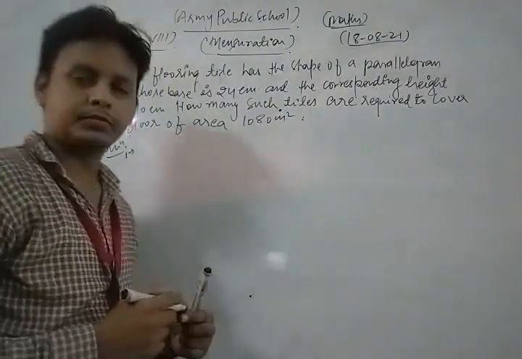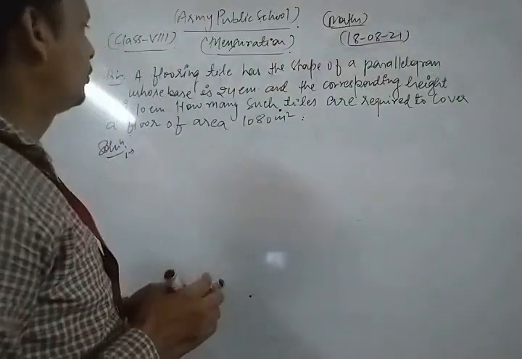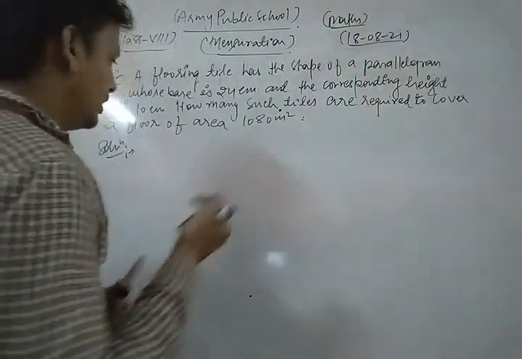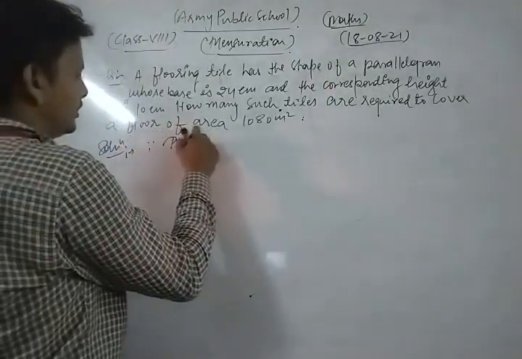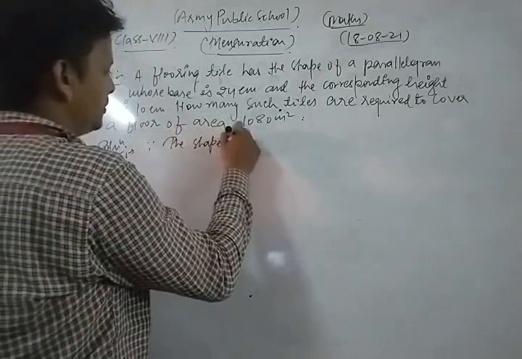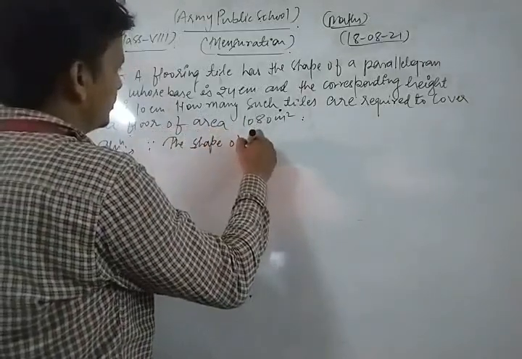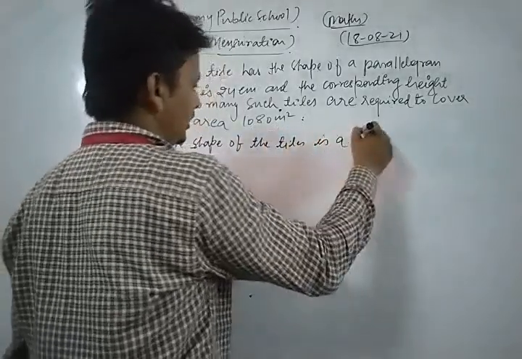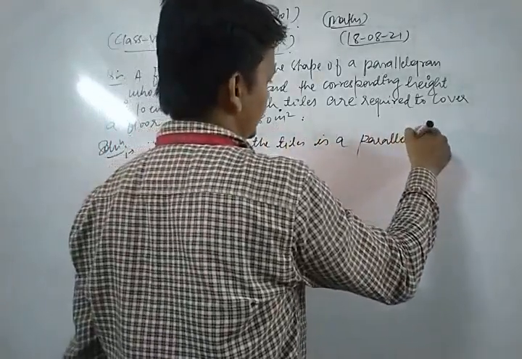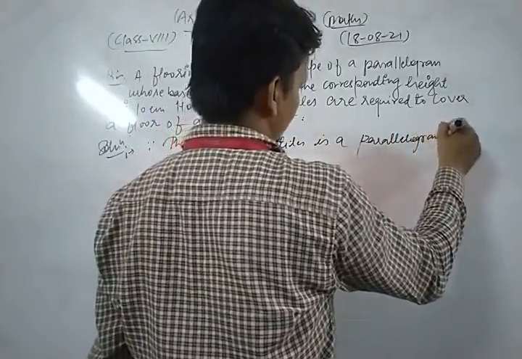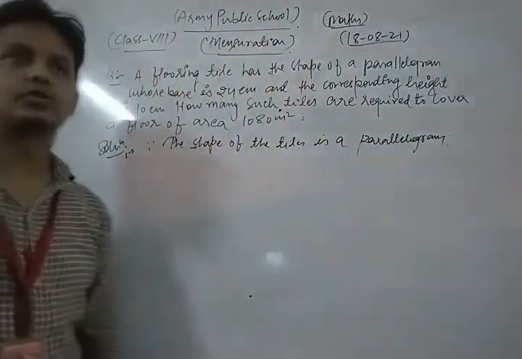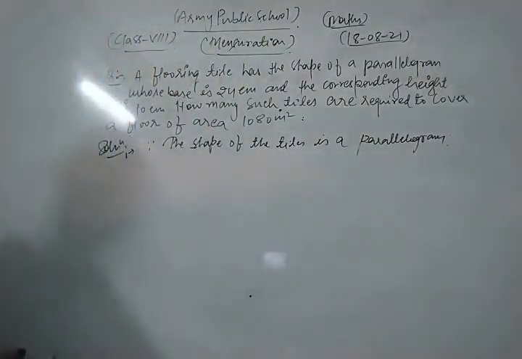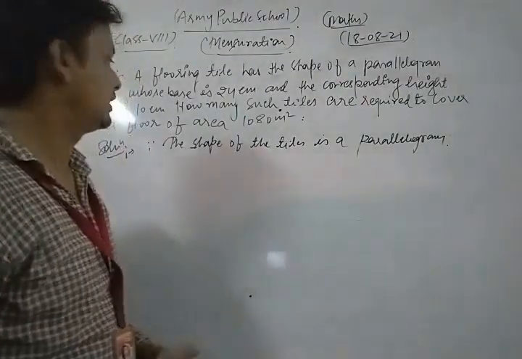Dear students, your question is: a flooring tile has the shape of a parallelogram. Okay, the shape of the tile is a parallelogram, whose base is 24 and corresponding height is 10.